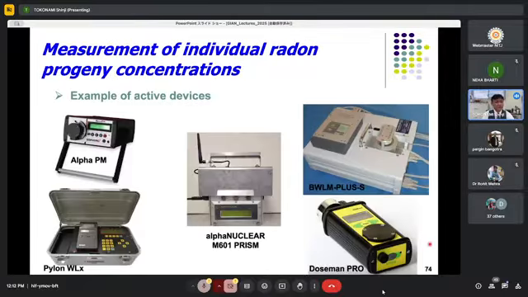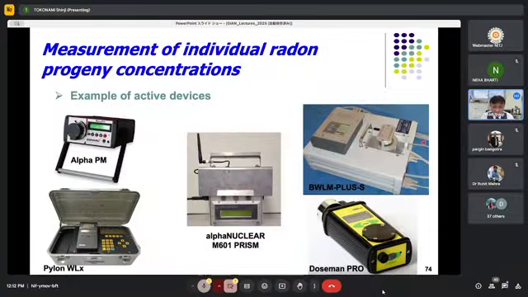I can show you the commercial products of radon progeny monitors. This is the active type, Alpha PM. The company is the same as AlphaGuard. This is a Pylon WLx. Here's the Alpha Nuclear.